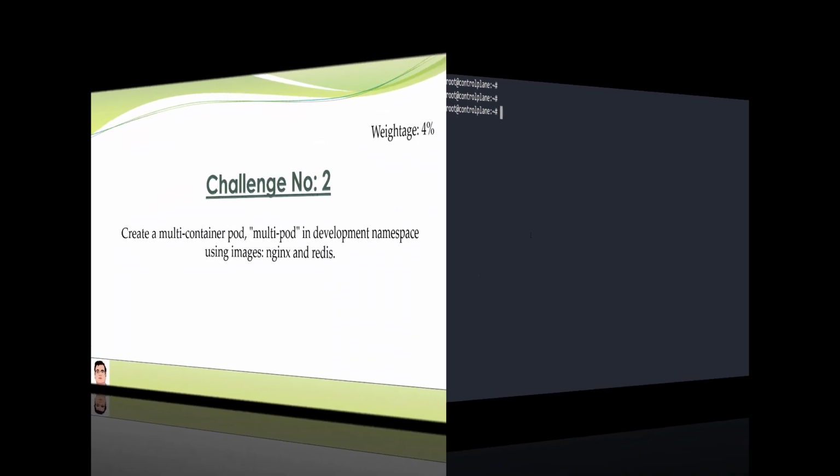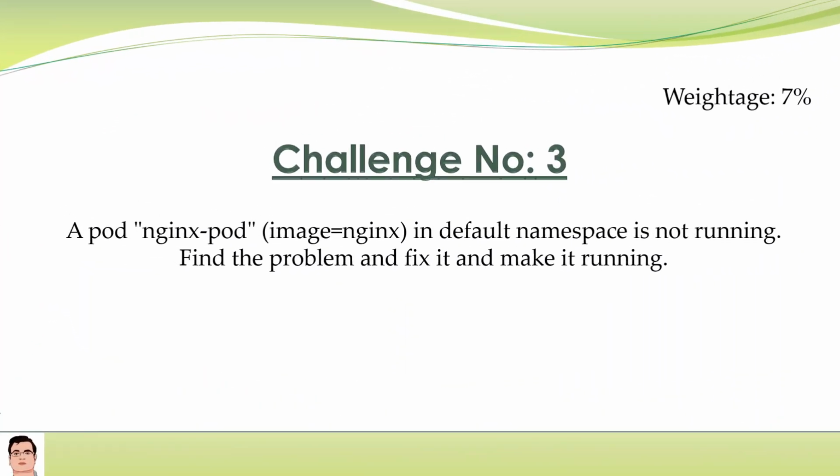Now jumping to the other question. Okay, in this challenge number 3, a pod named nginx-pod, which is using the image nginx in the default namespace. Again, it's not running, so there might be some problem, but it's not talking about any YAML file kept in a particular location, as we already saw in the first questions.